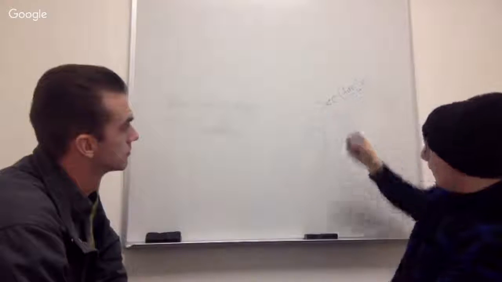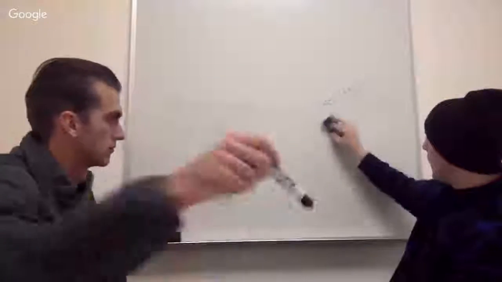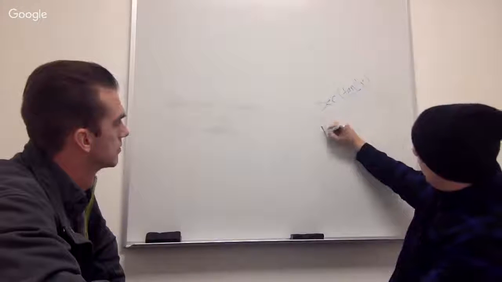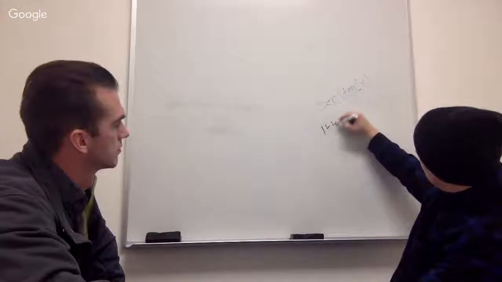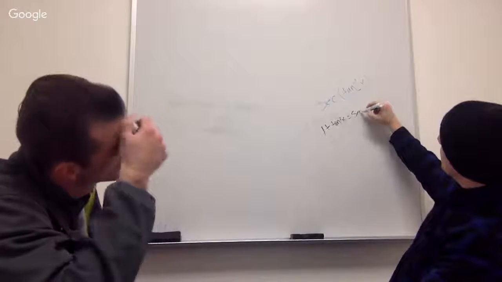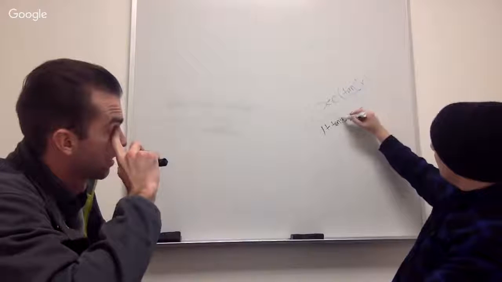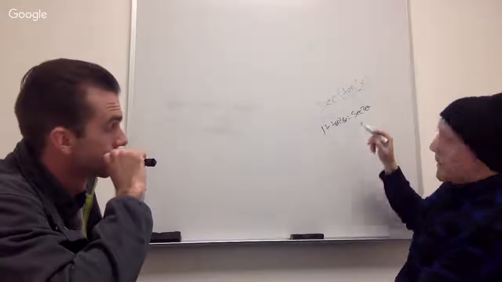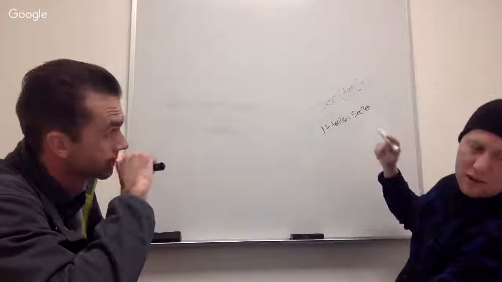So it goes like 1, gosh, this pen is terrible. Is there a black one? We go 1 plus tangent squared x equals secant squared. So then we would just plug in the value for it.